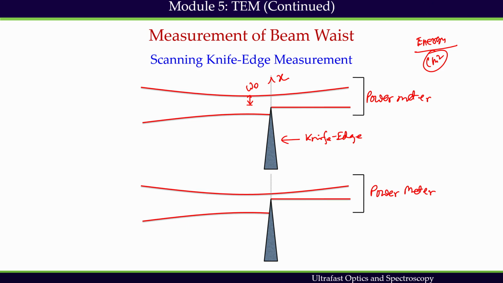So this knife edge is translated along the x-axis, and at different positions we measure the power which is not blocked. This is the way we get the knife edge measurement, and experimentally we see a typical profile something like this.